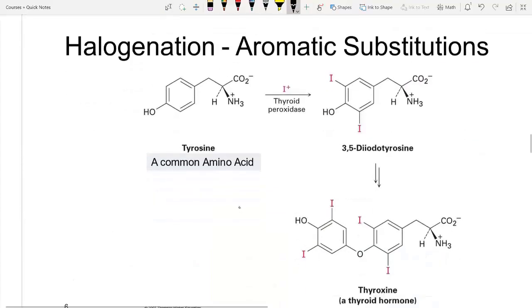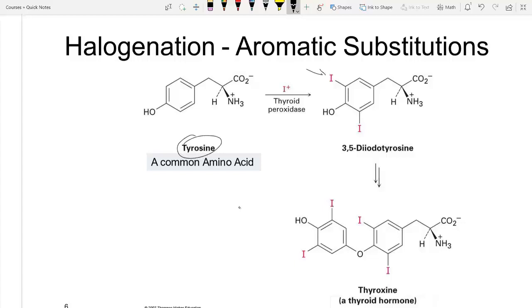Another example of halogenation is one that is done in your body. Your thyroid actually has an enzyme that does this exact reaction to make thyroxine. Thyroxine is the thyroid hormone that regulates all sorts of biological, biochemical functions. It basically takes the amino acid tyrosine and adds the iodides.